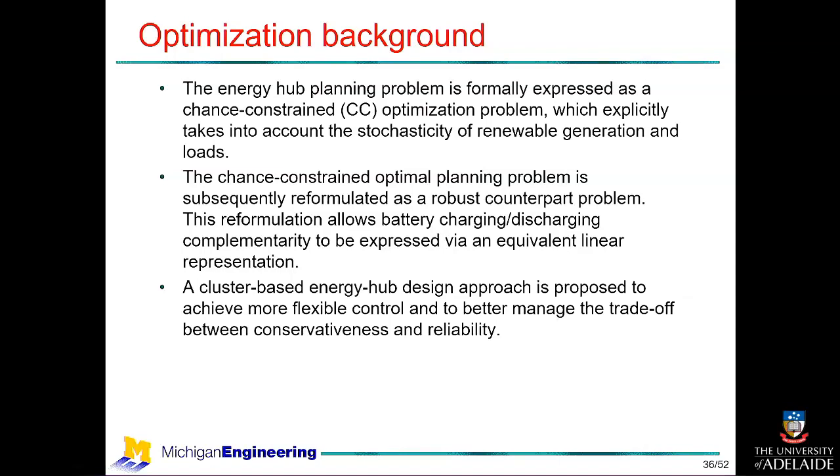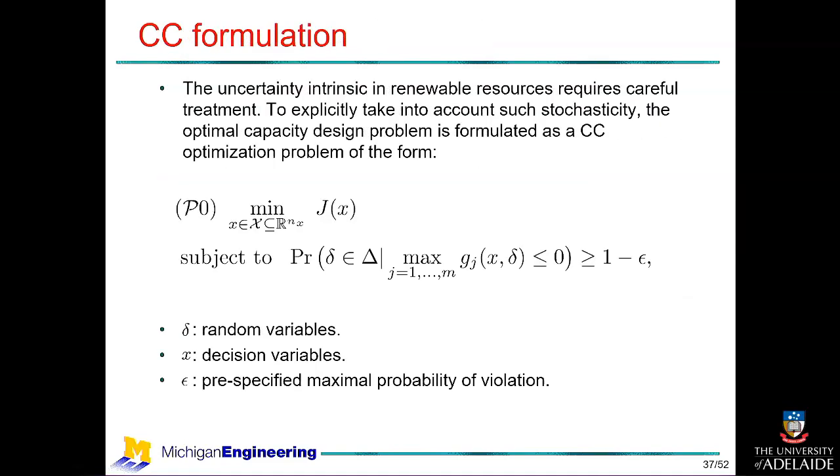I won't go into all of the details, but it turns out to be a chance-constrained optimization problem. What we wanted to do is this cluster-based energy hub design. So we end up with a problem of this form. It's a chance-constrained optimization.